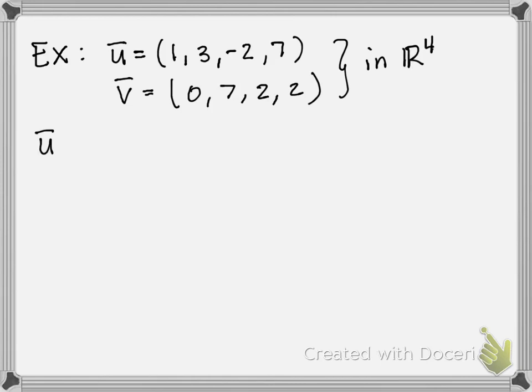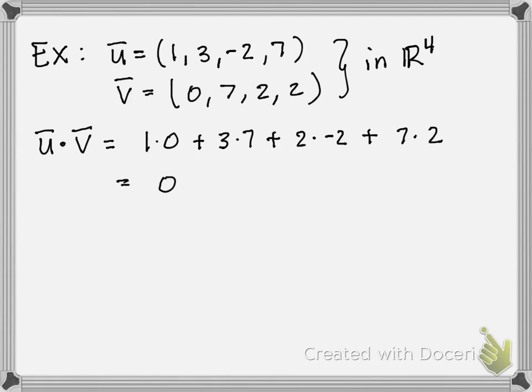Then I could calculate the dot product as 1 times 0 plus 3 times 7 plus 2 times negative 2 plus 7 times 2. So that's 0 plus 21 minus 4 plus 14. So looks like that's what, 31? Okay.